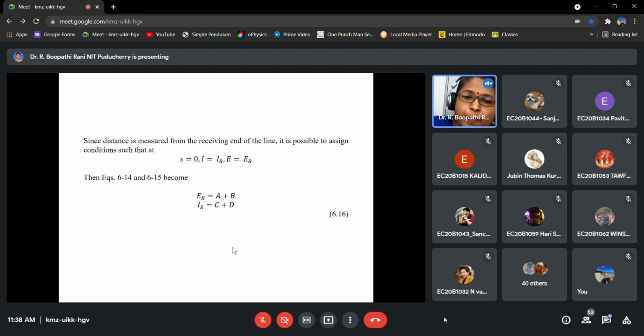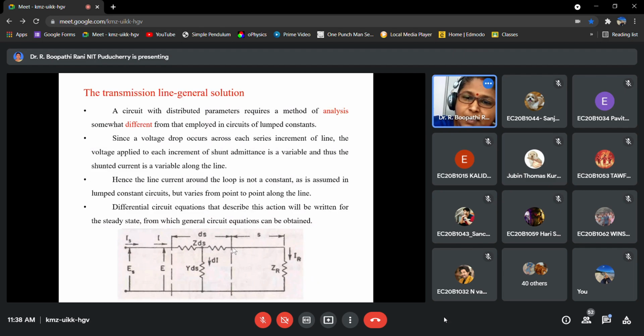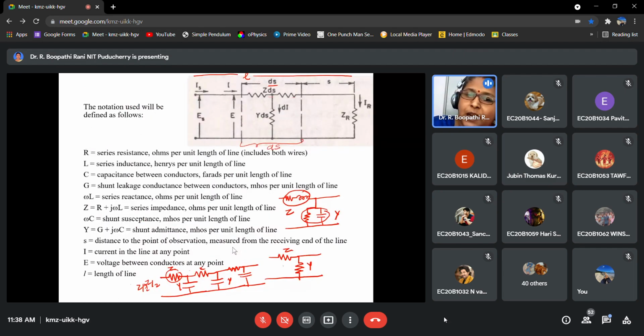See how we started, see this circuit, the length of the transmission line is L, and we consider this elemental section which is S distance from the receiving end. In case it is at the receiving end, S value is 0.